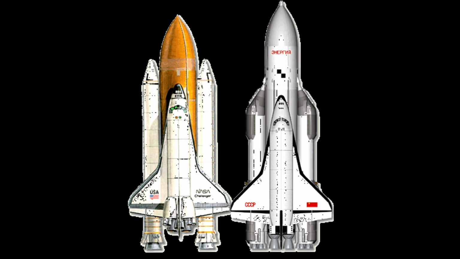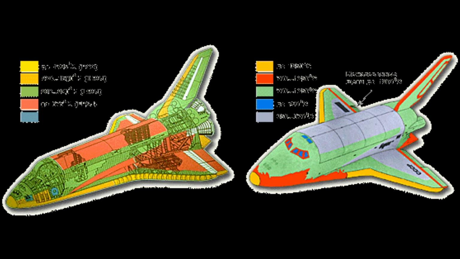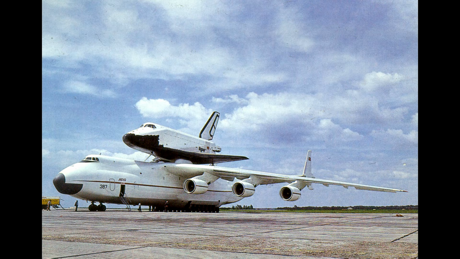And Russians will argue that, oh, actually, no, that design was stolen from this. And listen, both nations made advances in spaceplane technology, right? But look, by the time Buran launched, it was very clear that the space shuttle was not living up to the promises that had been made of it.